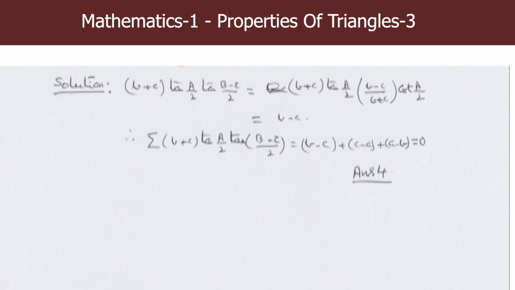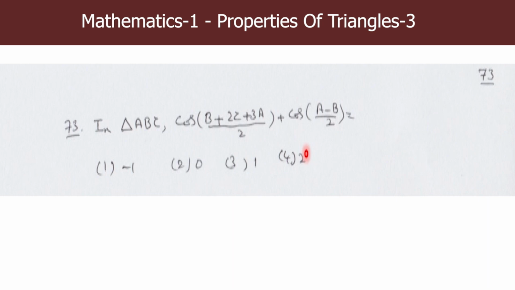Napier rule says that in any triangle, tan (A minus B)/2 is equal to (a minus b)/(a plus b) into cot C/2. So using the Napier rule, (b plus c) tan A/2 into tan (B minus C)/2 becomes (b plus c) into (b minus c)/(b plus c) into cot A/2. So sigma (b plus c) tan A/2 tan (B minus C)/2 is equal to (b minus c) plus (c minus a) plus (a minus b), which is 0. So the correct option is option number 4.